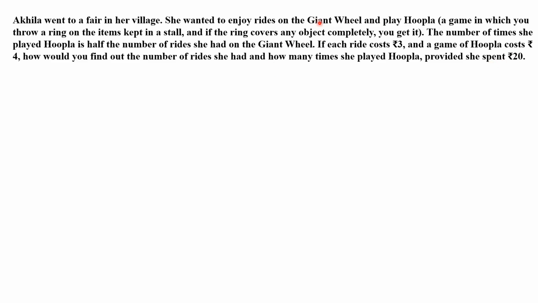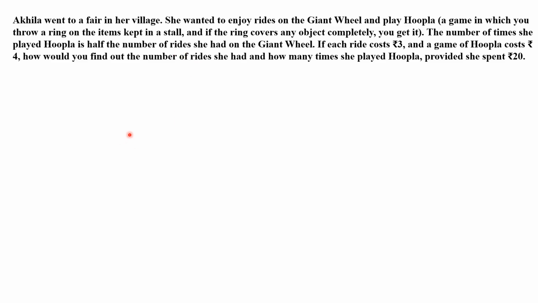So now how to frame the equation for this? To get the solution of how many rides she had and how many times she played hoopla, for that you need an equation, and when you solve the equation you will get your answer. So first of all, from here you see the number of times she played hoopla is half the number of rides.